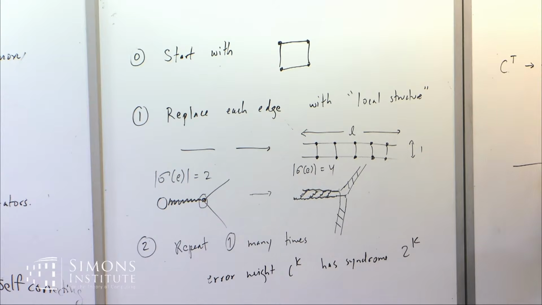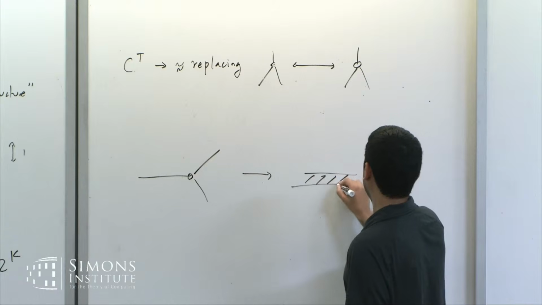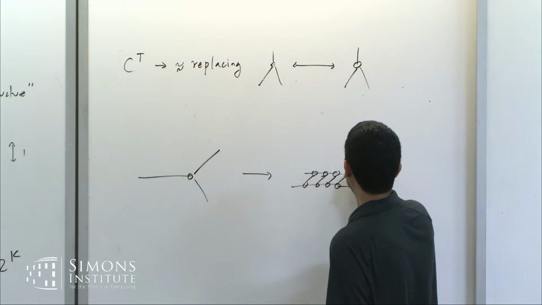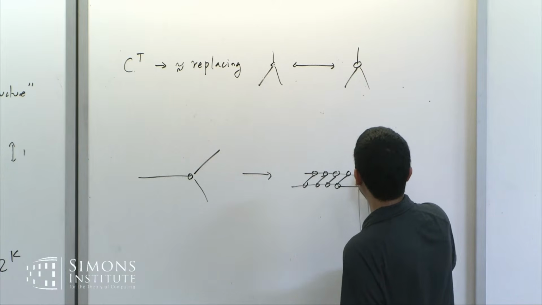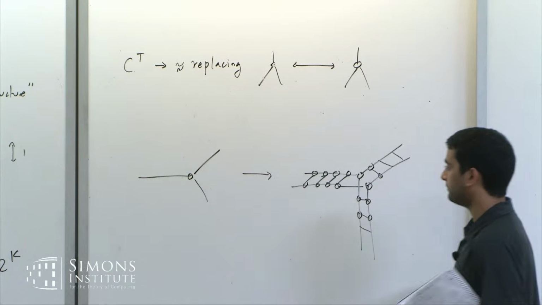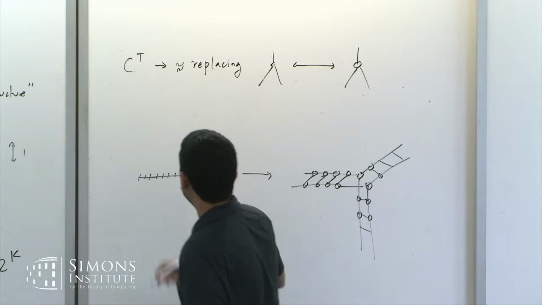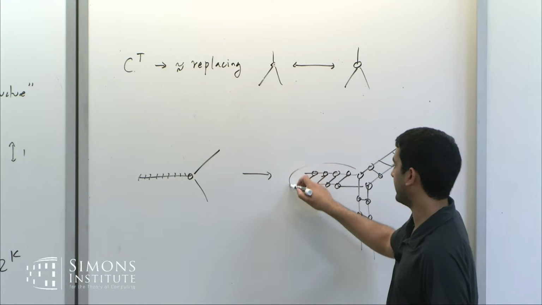Well, I have a similar circumstance where all of these are now white defects, and this code splits. But now, when I create an error here, this error gets mapped onto a local code word of this ladder.